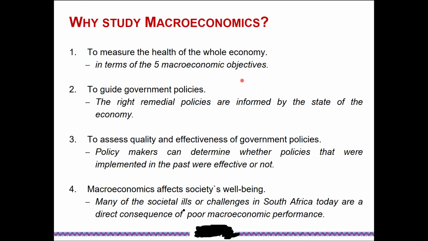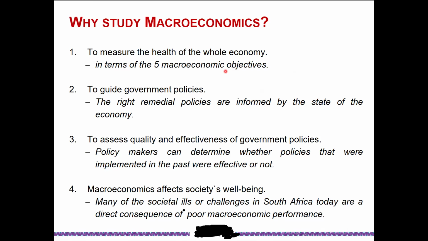I'm going to explain this in detail on the next slide. Then also full employment is one of the macroeconomic objectives. It is also used to measure the health of the economy.